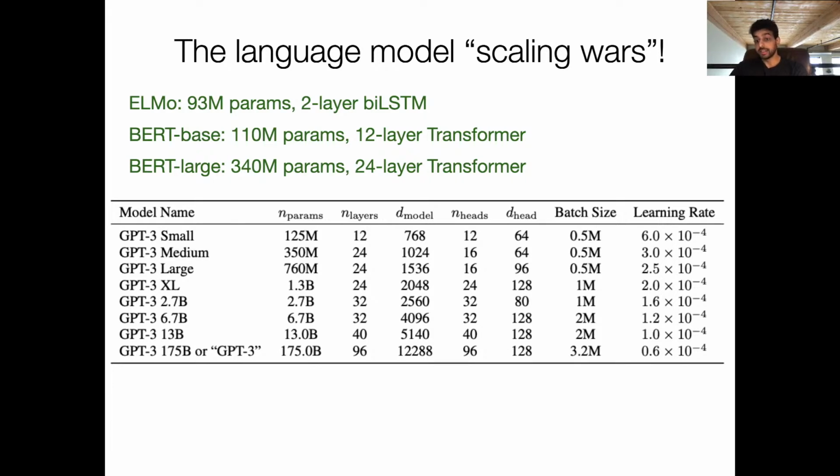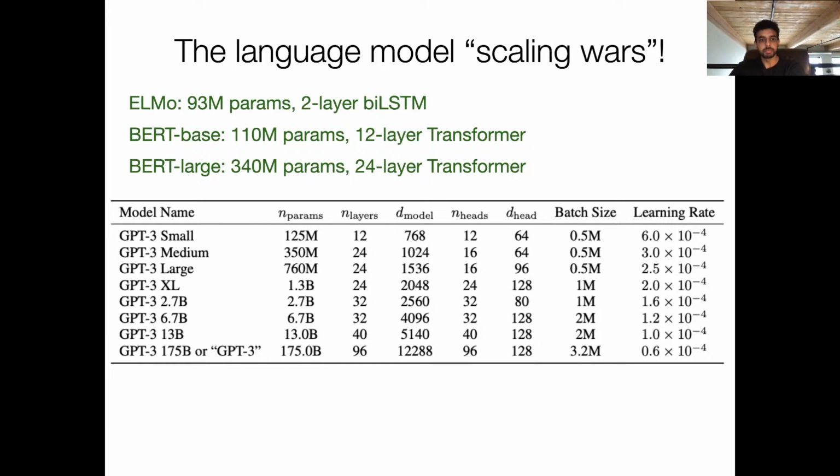But the fact that they did this is really cool, because the capabilities of this huge scale model are certainly beyond the capabilities of language models that we've seen in the past, with much smaller model sizes and also trained on less data.